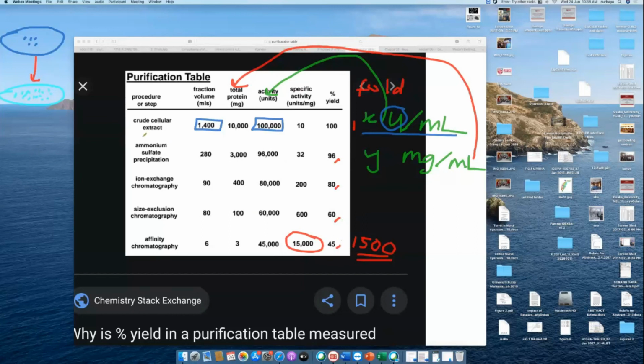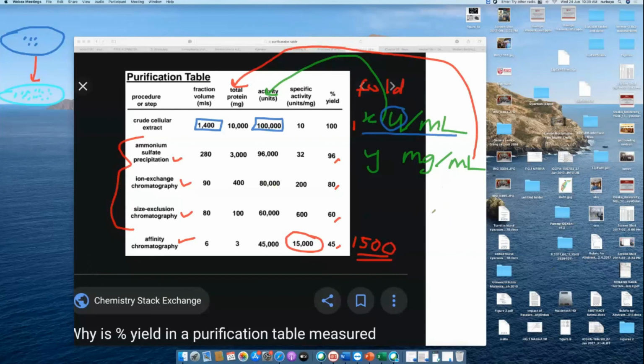We want to reduce the steps if possible, but if you cannot, you need to introduce all these steps. You might want to know whether it is necessary to start with ammonium sulfate first, then ion exchange second, then size exclusion chromatography, and finally affinity. No, it depends.